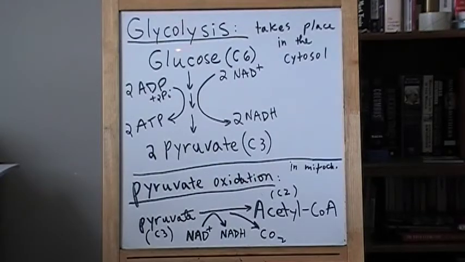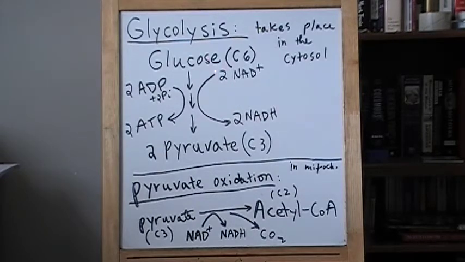The first step is called glycolysis, and glycolysis takes place in the cytosol. You don't need to memorize all the steps of glycolysis, but you need to know the net overall process, which I'm showing here. In this process, glucose is being oxidized, and the product of that is called pyruvate. So electrons are being taken from the glucose and added to NAD+, and that forms NADH.